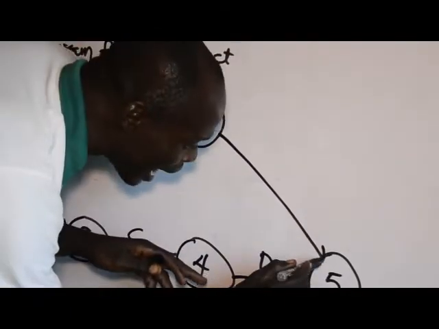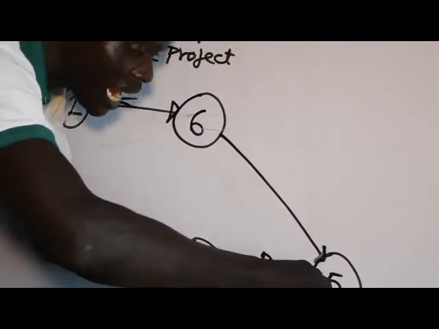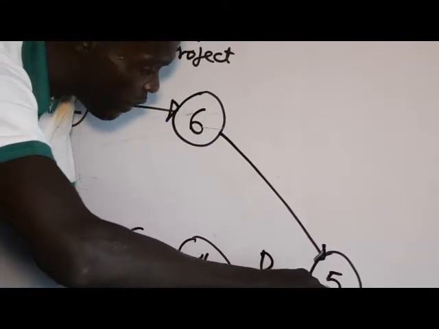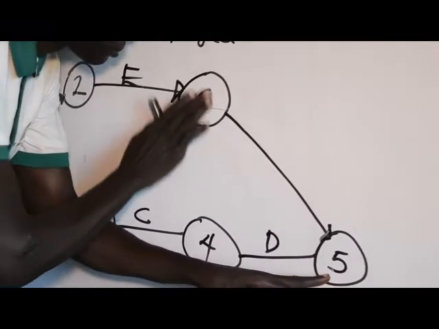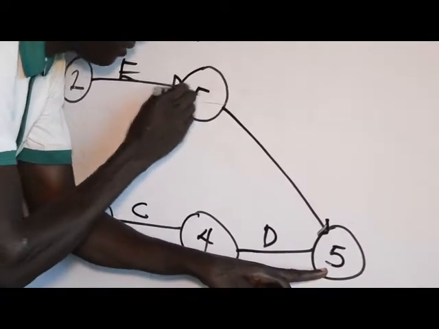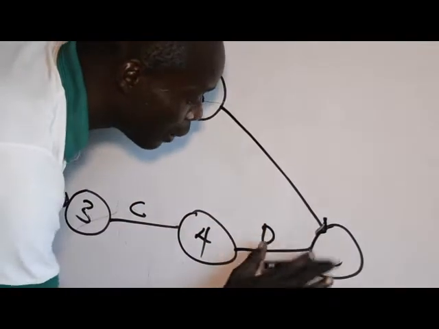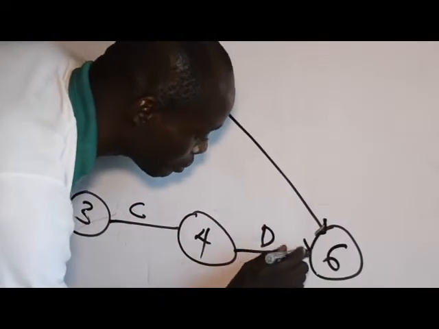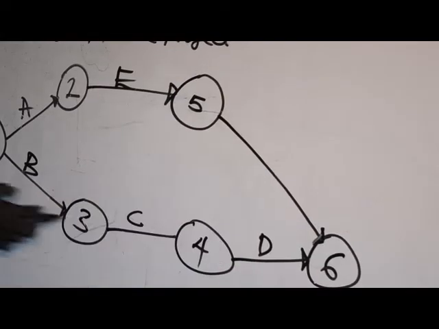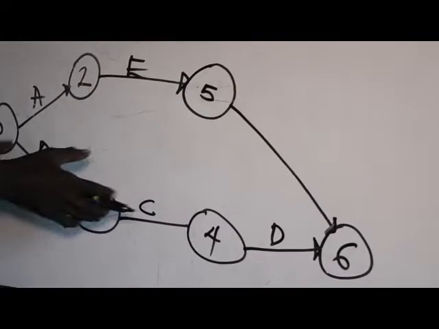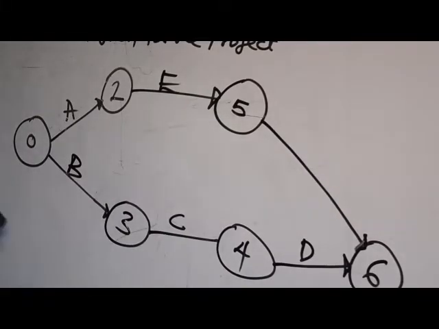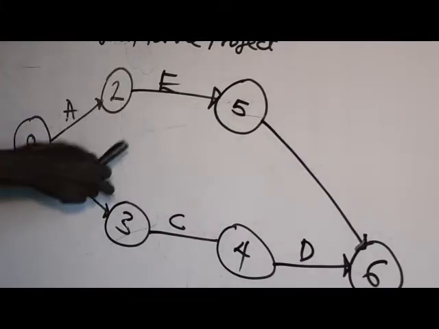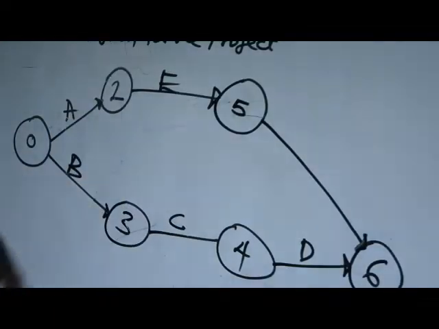But it is not ideal to have this last point as number 5 and then have this as number 6. So it is better you put this as number 5 and then the last point as number 6. This is the network diagram. This is how that network will be drawn. So that is the solution to example 1.